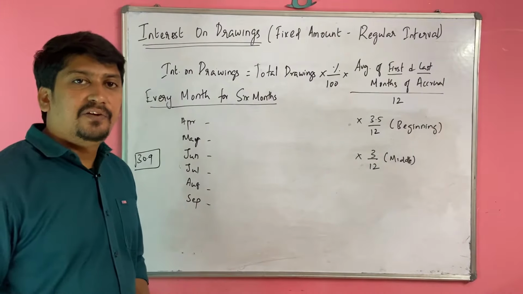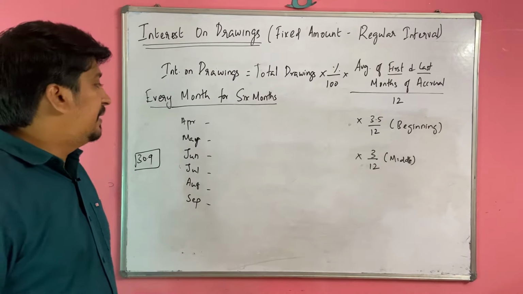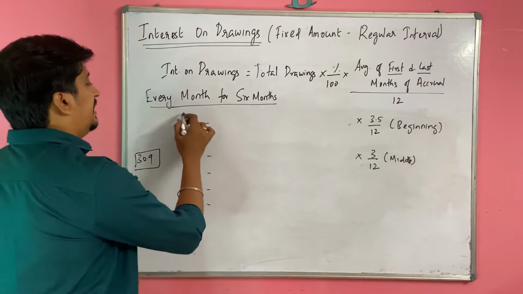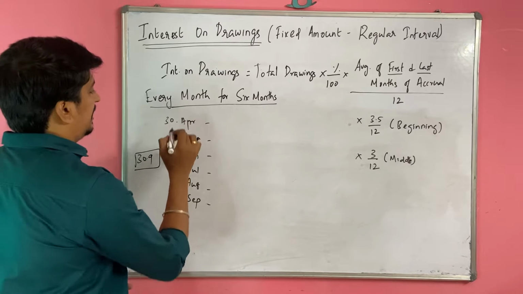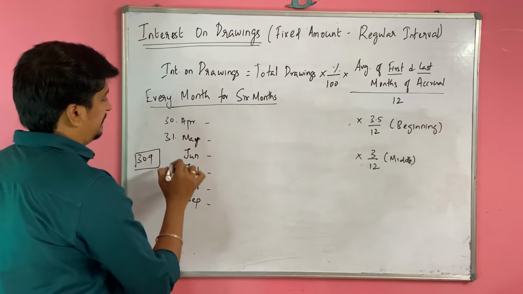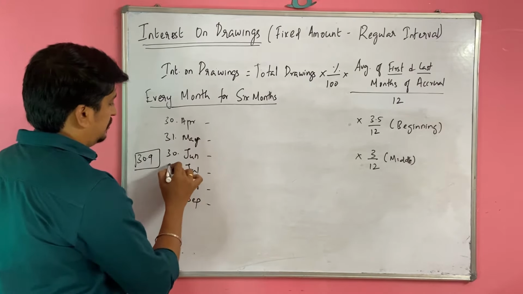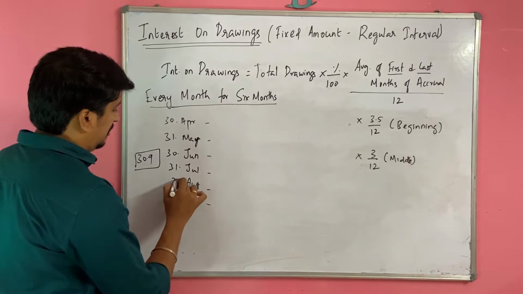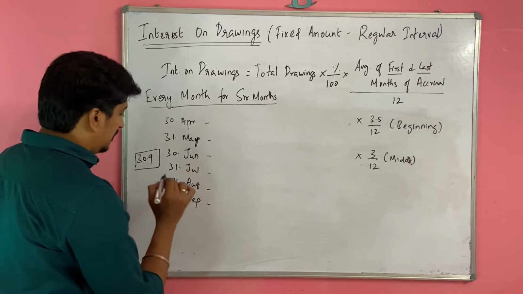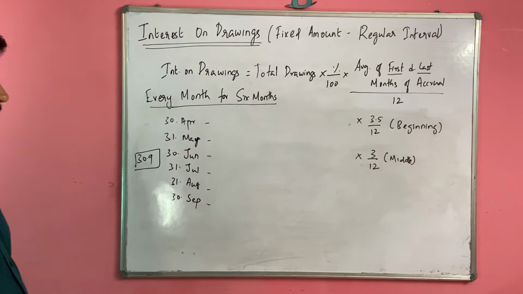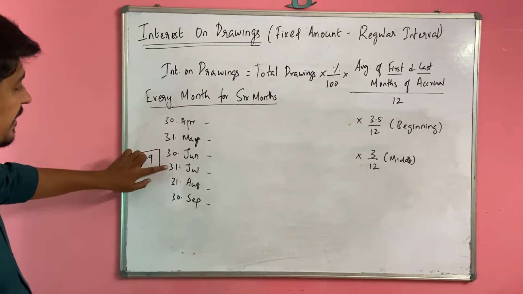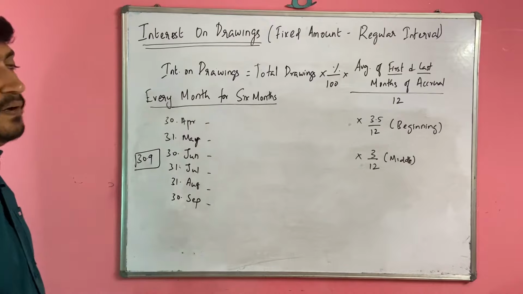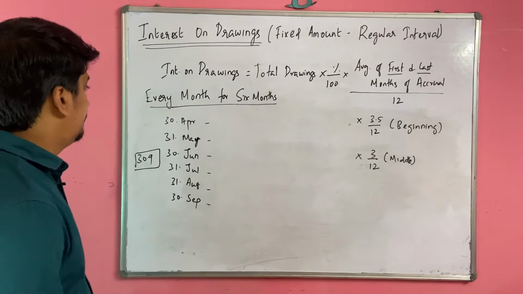Now let's calculate for the end of every month for 6 months. That means end of April, 30th April, 31st May, 30th June, 31st July, 31st August, 30th September. So these are the dates of drawings for the end of every month for 6 months.